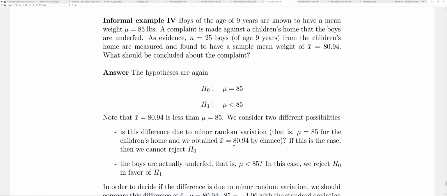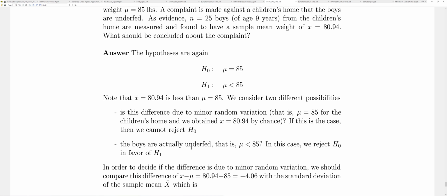Getting it by chance means it is not statistically significant. That's one possibility we want to consider. The second possibility is that the boys are actually underfed.